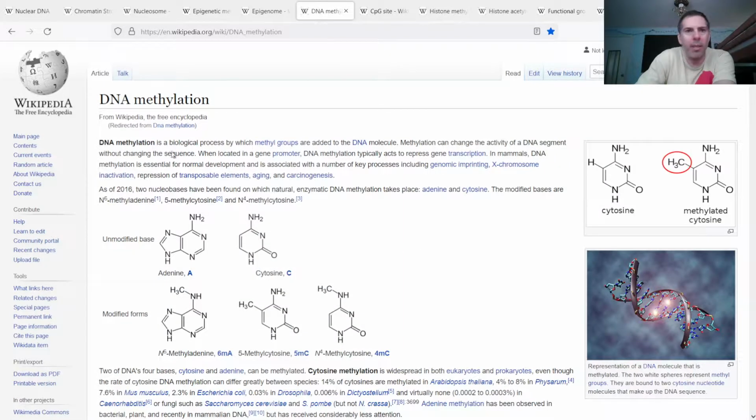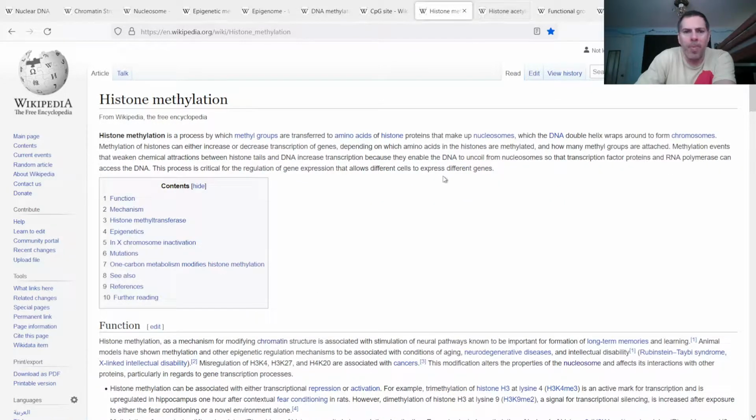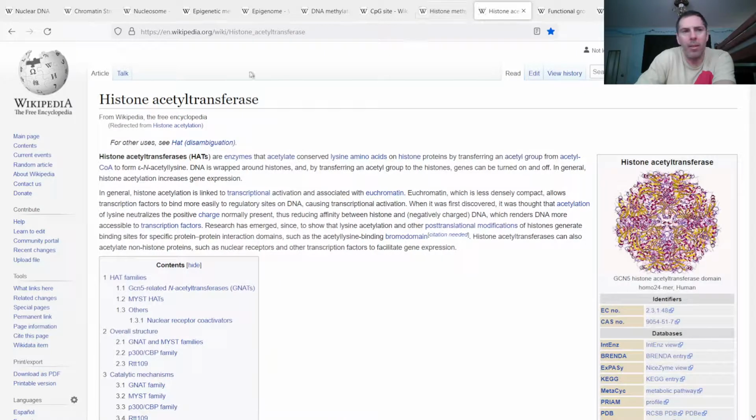And I think methylation of the DNA usually reduces transcription. And same with the histones, you can add an acetyl group to it. And again, I think it increases transcription when there's an acetyl group added to the histone.